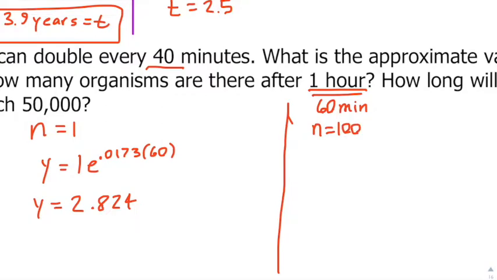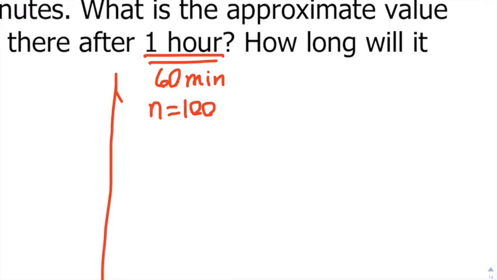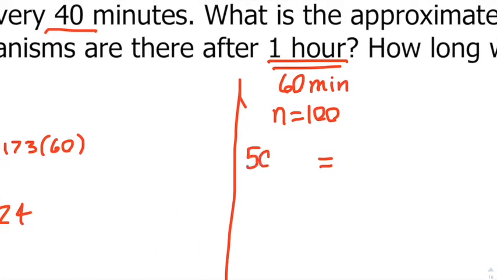So let's see how long it takes to go from 100 to about 50,000. If we're solving for how long it grows, we know the final amount, so I'll put 50,000 there, and I'll put 100 here, since we're assuming we start with 100.